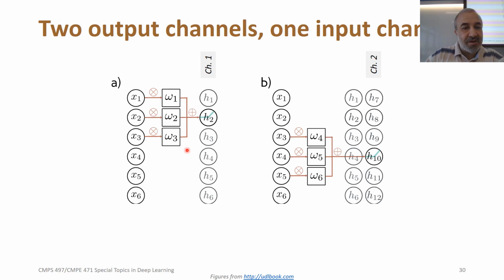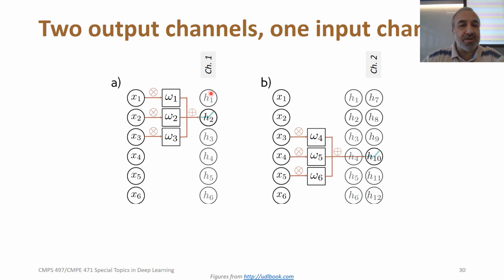Notice that this kernel is different from that. Why am I saying they are different? Because we have different weights: W1, W2, W3 here, W4, W5, W6. Of course, this is applied to the whole input, to all regions in the input.